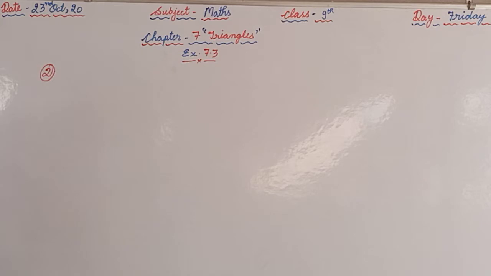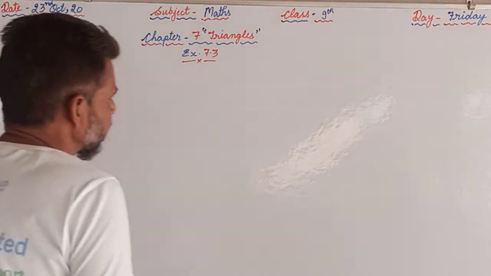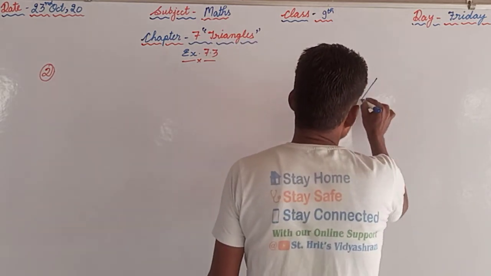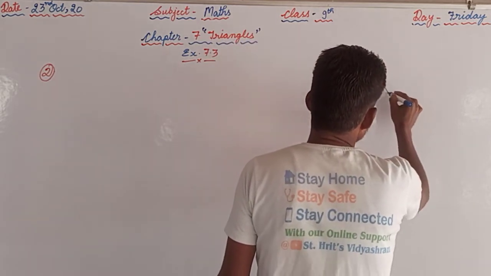It is given in the question that AD is an altitude of an isosceles triangle ABC in which AB is equal to AC. Here the diagram is not given, so first of all we will draw the diagram.